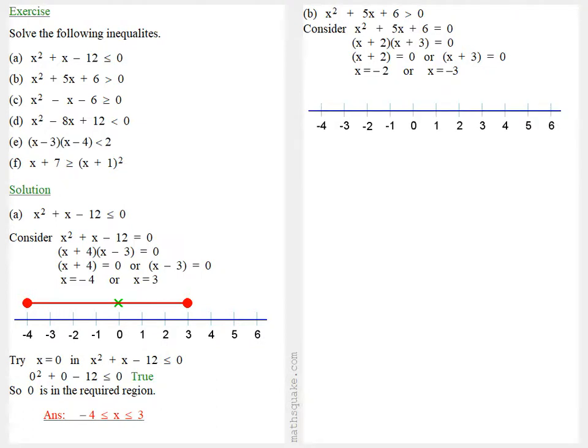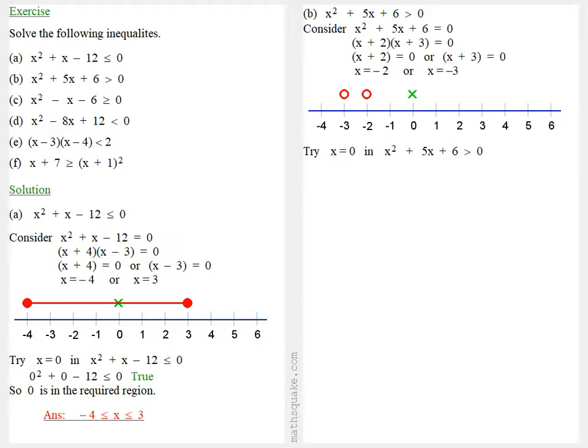So we draw this as a number line with 2 points above minus 3 and minus 2. They're left unfilled because we don't have an equals in the original inequality. We now have to decide where to fill it in. So choose a point that's not one of the two, minus 3 and minus 2.